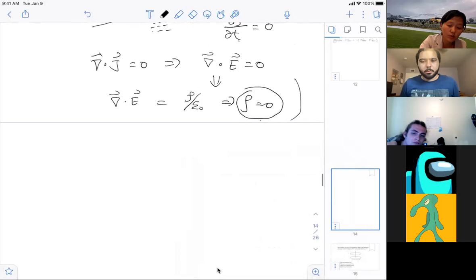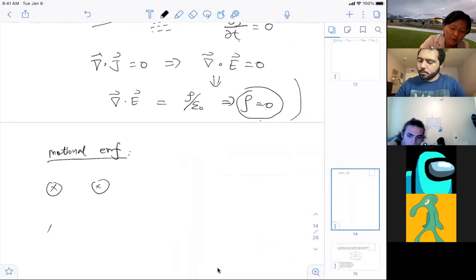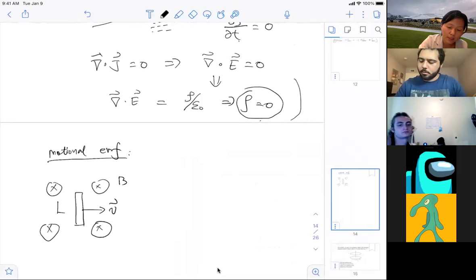Okay, so let's continue. For Faraday's law, we start out with motional EMF. Motional EMF is generated associated with motion. So if you move a metal bar inside a magnetic field with some velocity, a voltage is generated across the two sides of the metal bar.